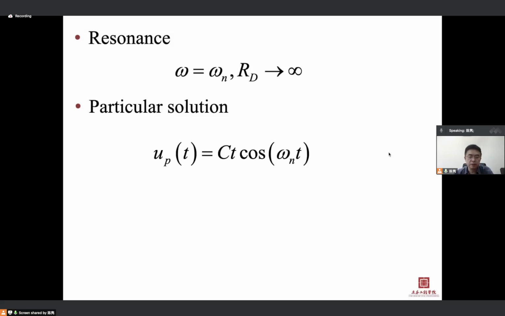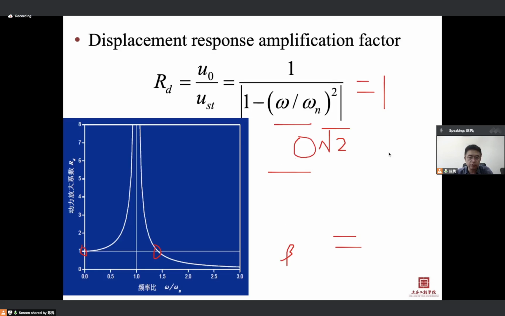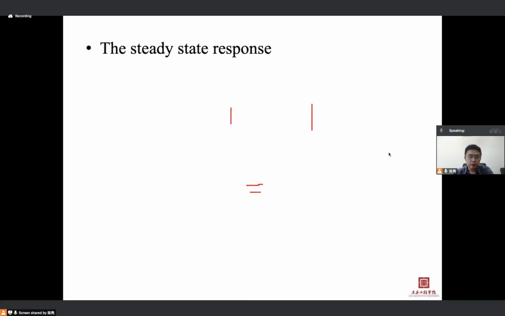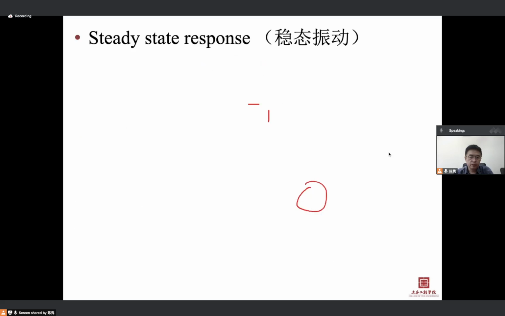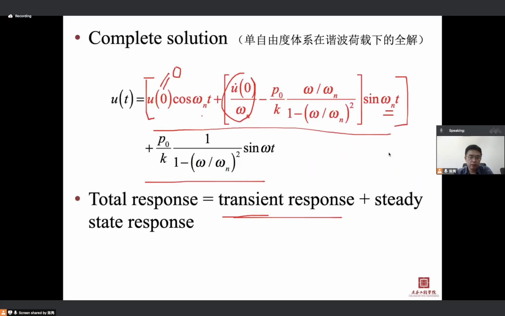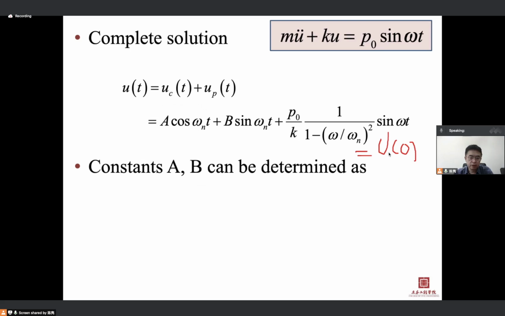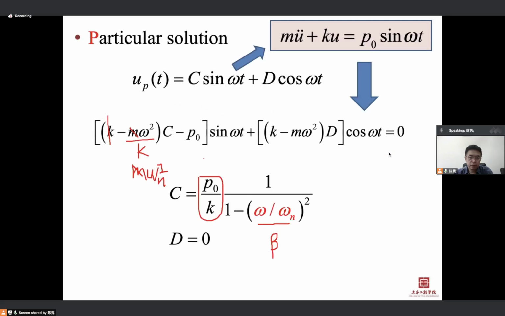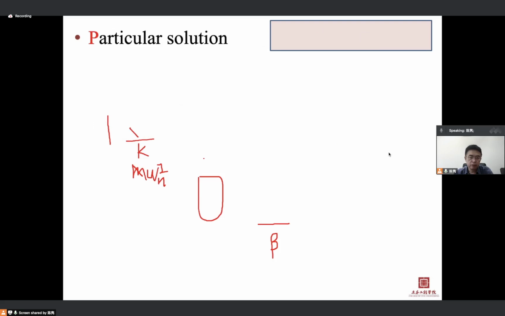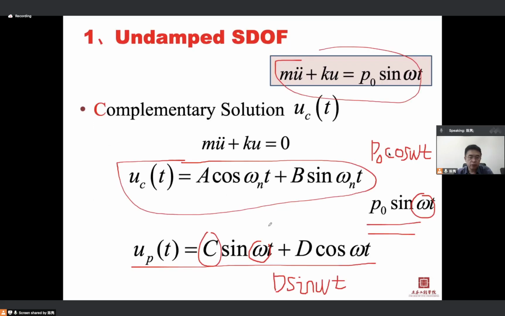In this case, the particular solution, if we still use this form, let me go back. See here, if omega equals omega n, as a resonance case, the complementary solution will be the same form as the particular solution.